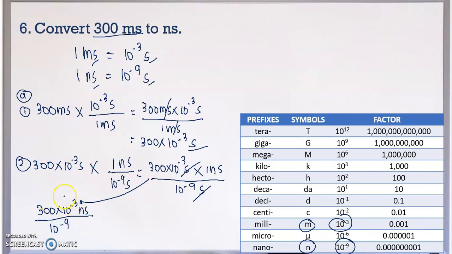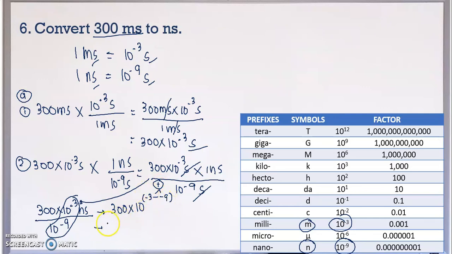Once again, the powers of 10 are found on the numerator and on the denominator side. With this, we just have to subtract the two exponents. And that would give us 10 raised to the first exponent, which is negative 3, minus the second exponent, which is negative 9. Two negatives is equal to positive.